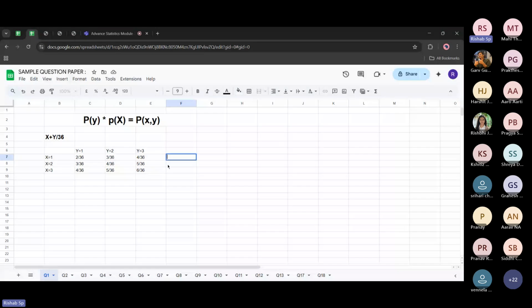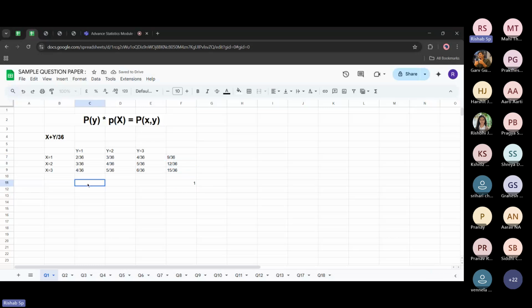The answer will be 9 divided by 36. Here 3 plus 4, 9, 12 divided by 36. Here the answer will be 15 divided by 36. 15 plus 12, 27, 27 plus 9, the answer will be 1, right? The marginal row total will be 1.